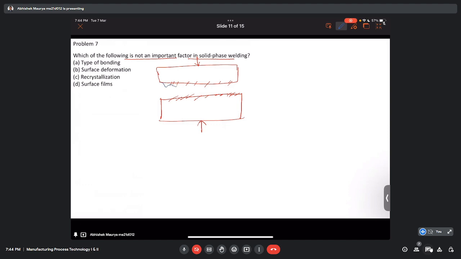Microscopically, peaks and valleys are there at different locations on the surface. If you try to bring them together, you will find some contact of this type. I am exaggerating.